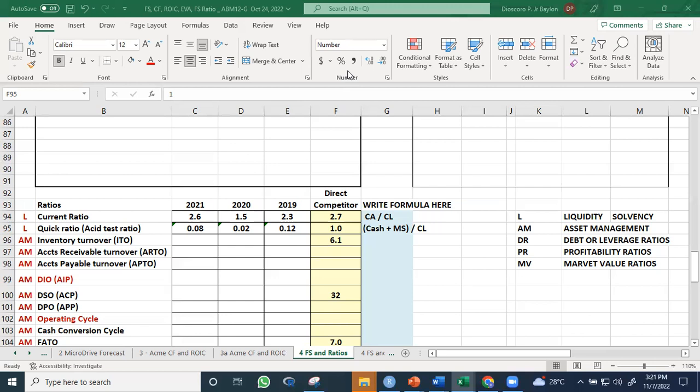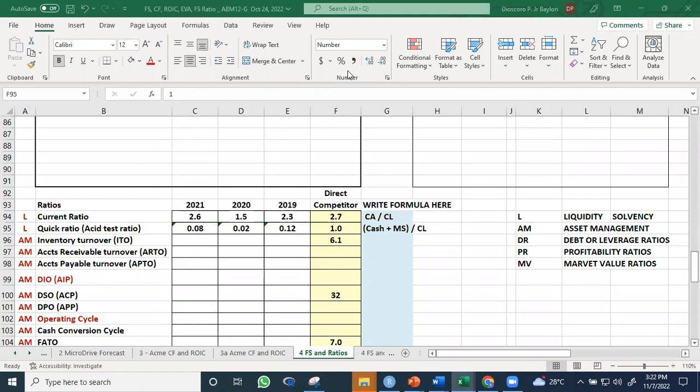Yes, Jude. Hello po, sir. Yung sa formula po ng quick ratio, yung cash plus MS over current liabilities, yung MS po ba doon is yung short term? Di ba? Na-discuss natin dati yan. Marketable securities are AKA short-term investments.